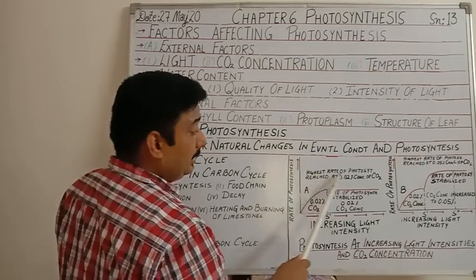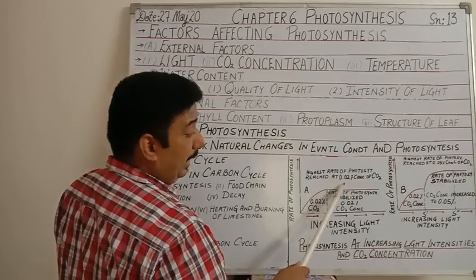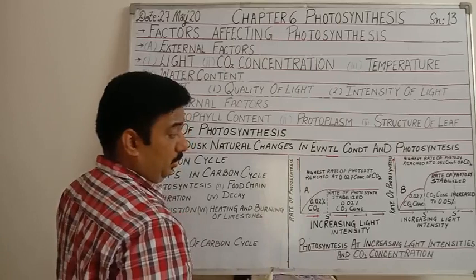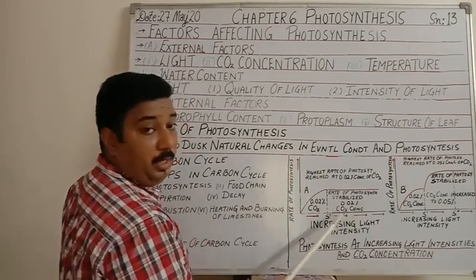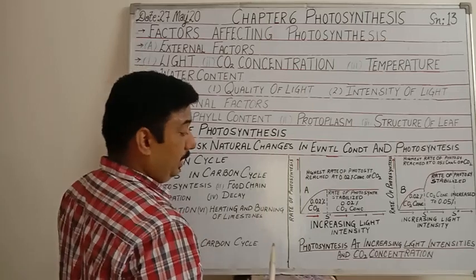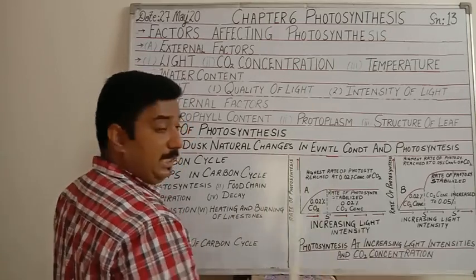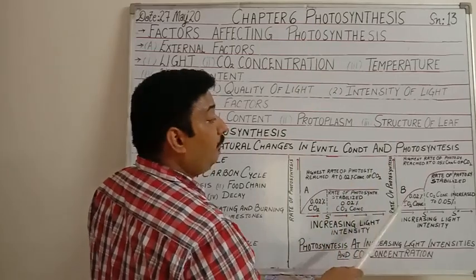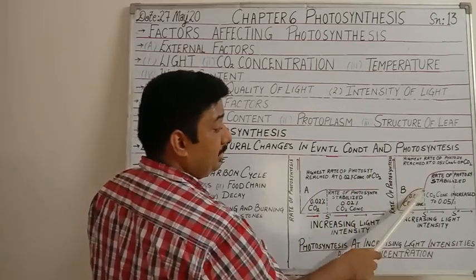Okay, this is the highest rate of photosynthesis reached at 0.02% of carbon dioxide concentration. So the rate of photosynthesis will stabilize at 0.02%.